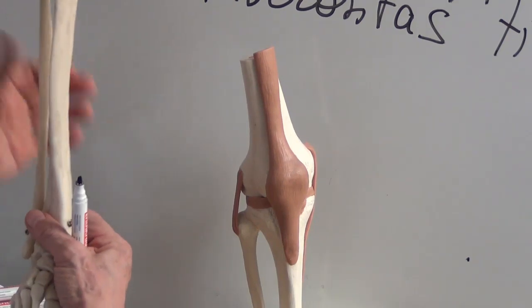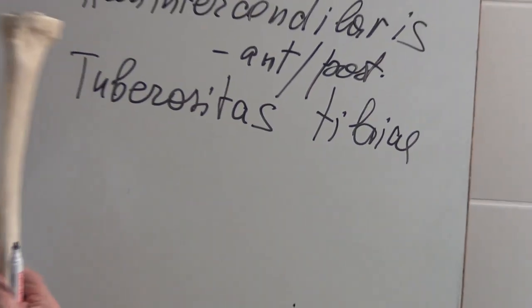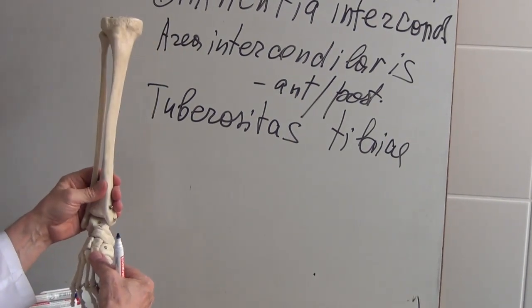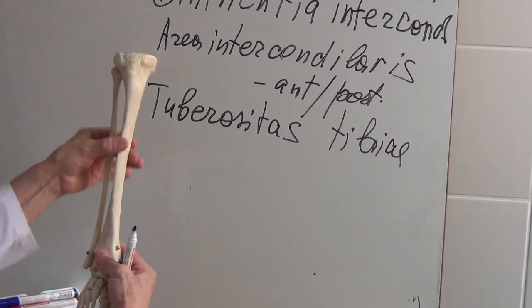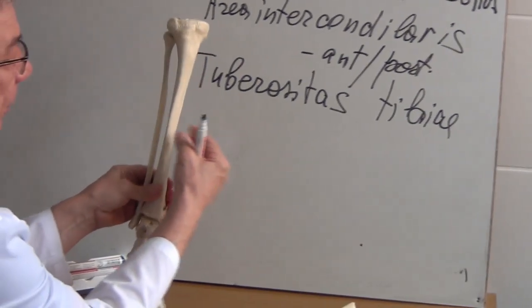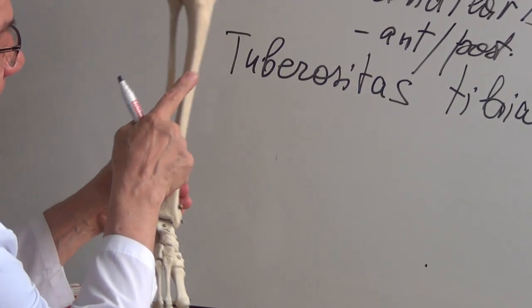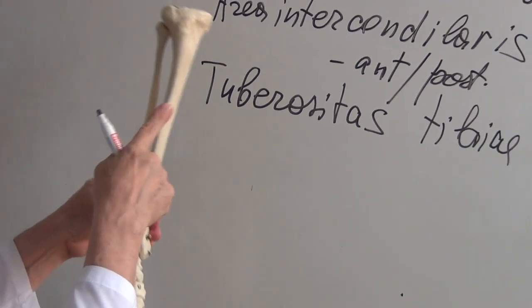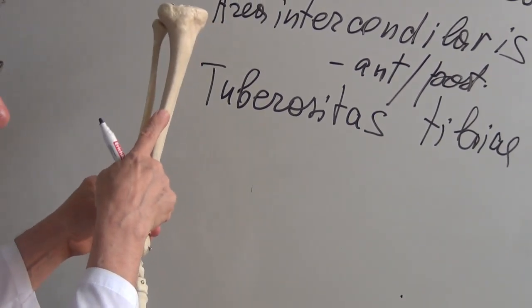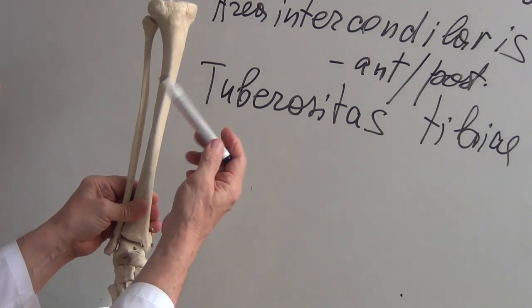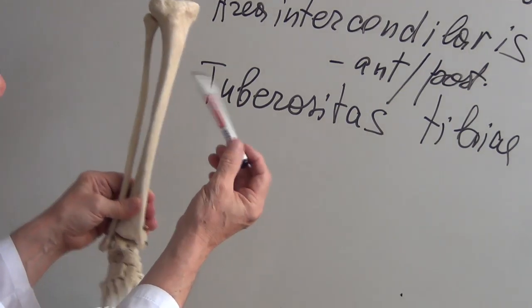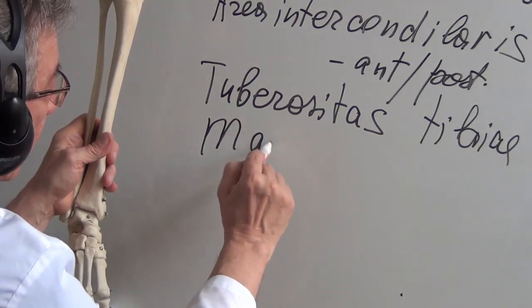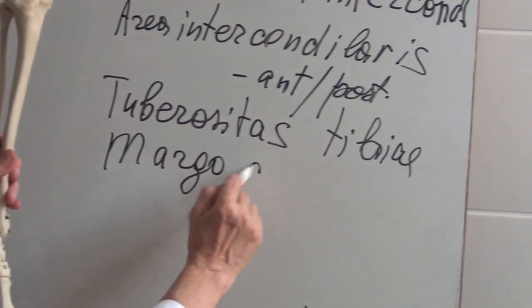So let's continue with the tibia. You can find that corpus tibiae, this part of the diaphysis, has a very sharp anterior margin, margo anterior.